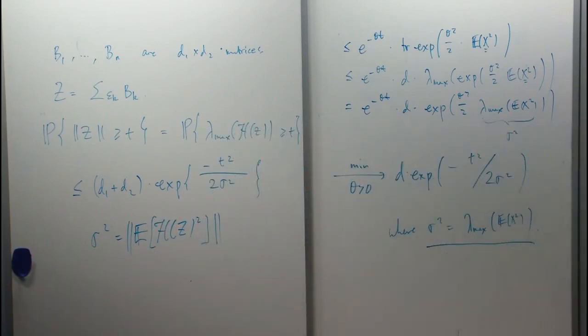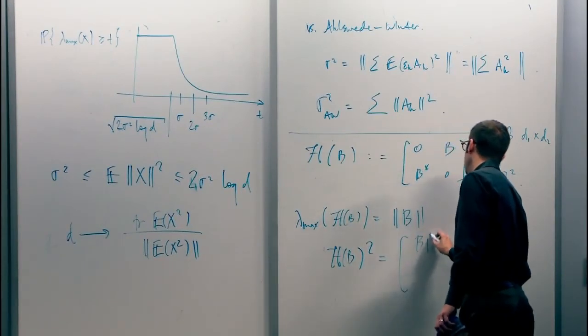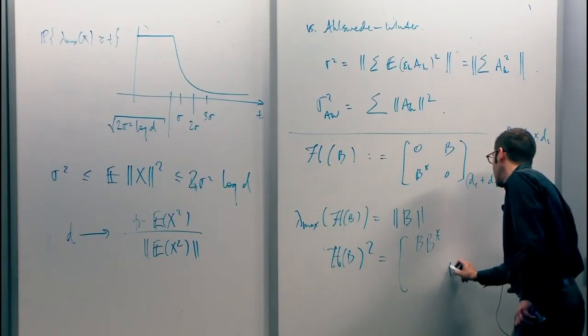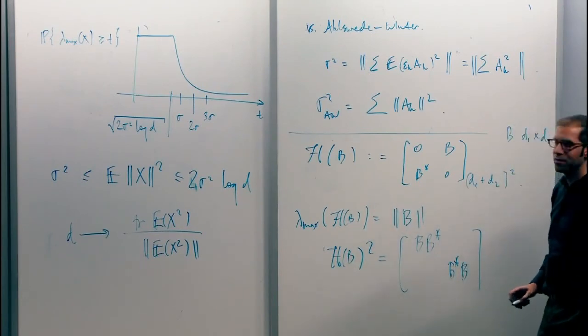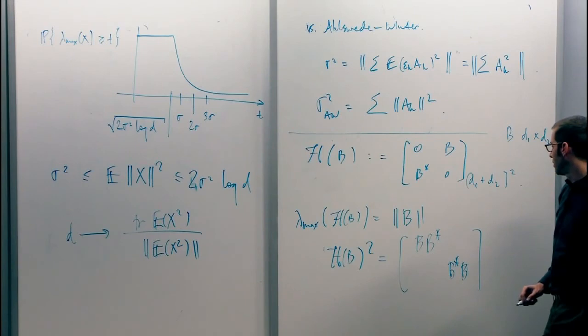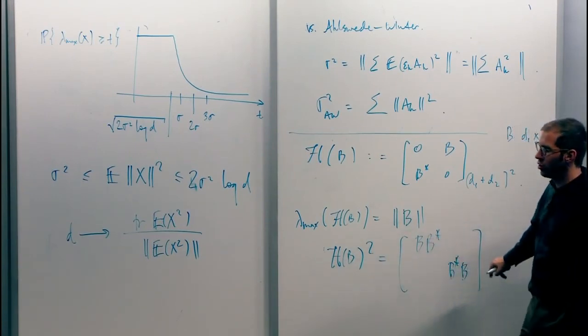Okay, well, what's that? Well, it turns out that if you square this matrix, you get BB star in the upper left block and B star B in the lower right block. And the norm of this matrix is the maximum of these two norms.